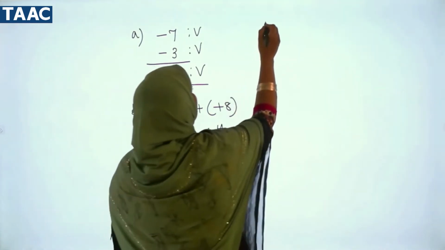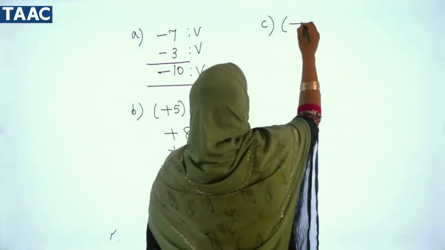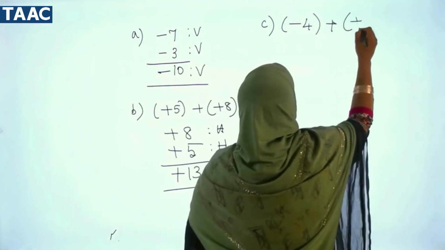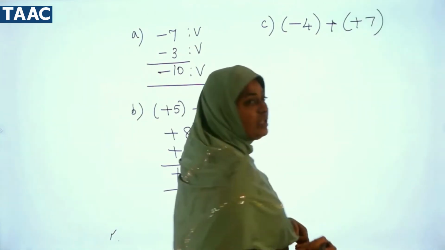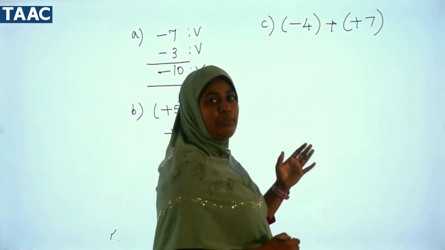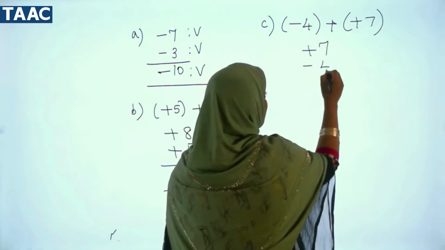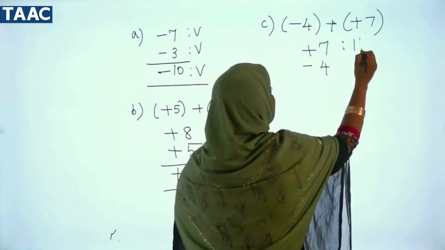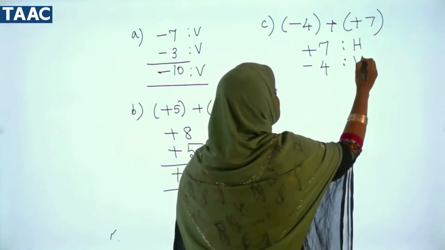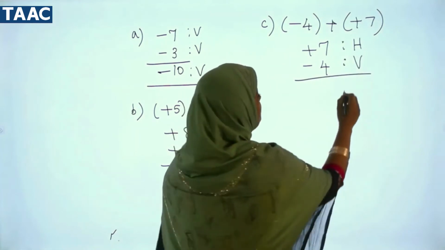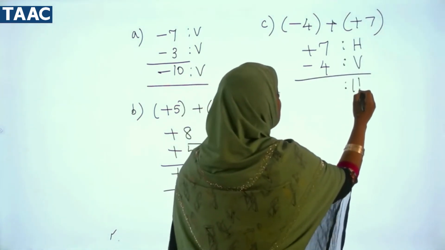Now coming to the third one, -4 plus 7. So write the bigger number first. So plus 7 and -4. You see here we have heroes, and -4 means they are villains. Who is more? Hero is more. So our answer will have heroes.